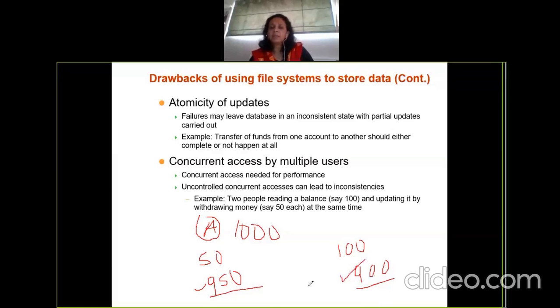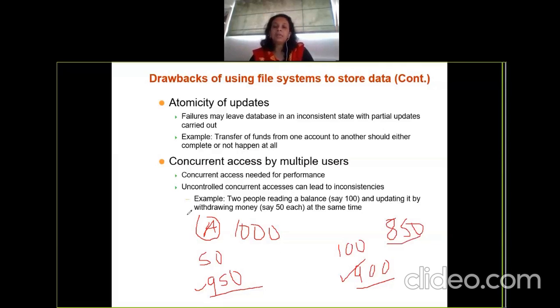Are both correct? No, both are not correct. Why? Because this clerk debited 50 and this clerk debited 100, which means at the end the balance remains 850. But it stores incorrect information in the file, and that again results in data inconsistency.